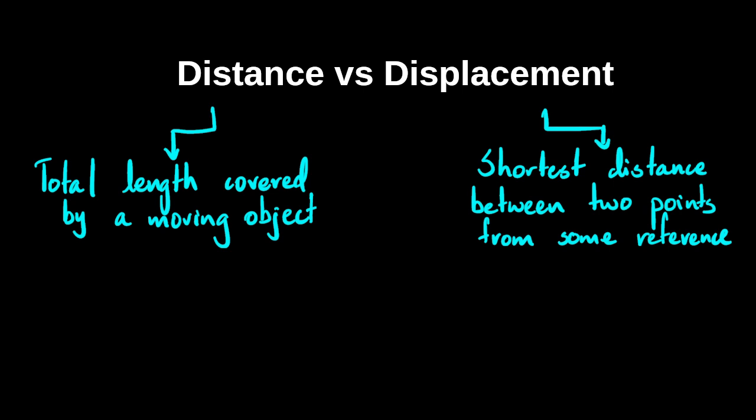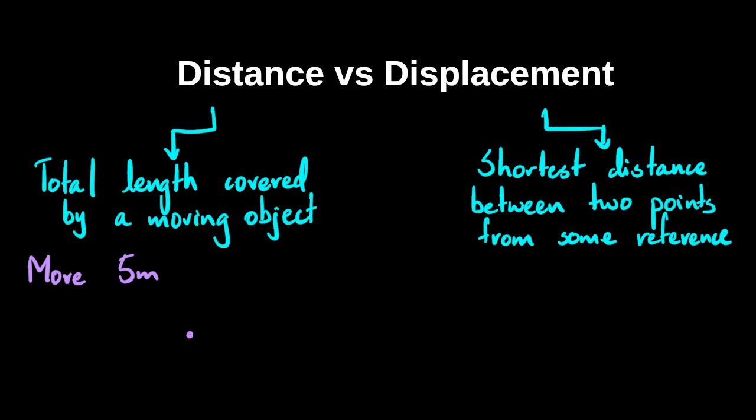So let's have a quick example of this. So for example, let's say I'm standing here at this position, and someone says to me you have to move 5 meters, right? I can move 5 meters in any direction I want.